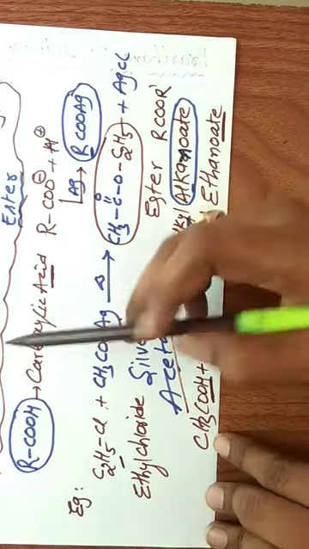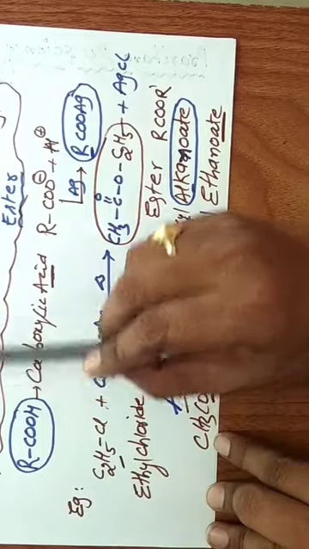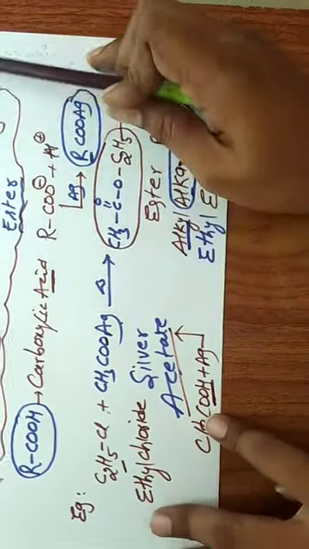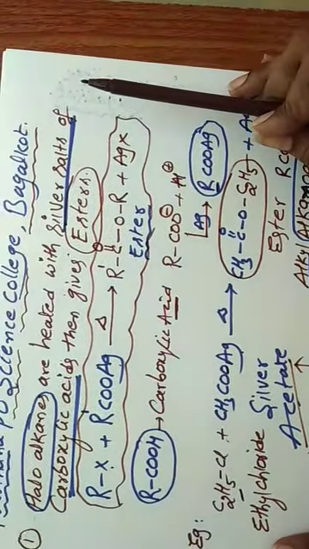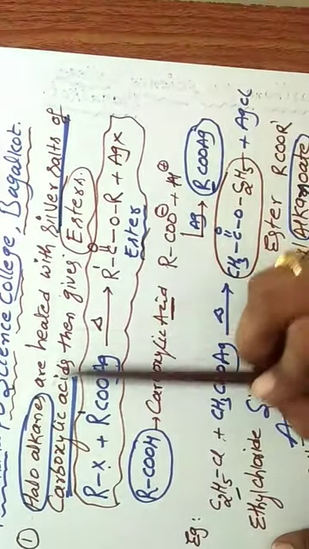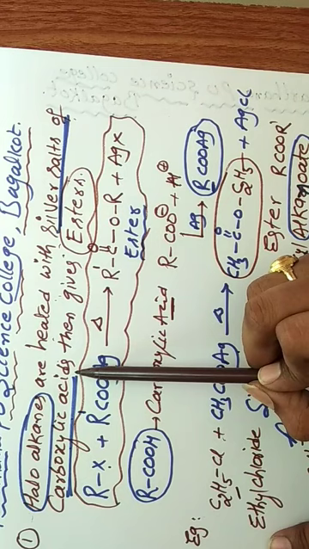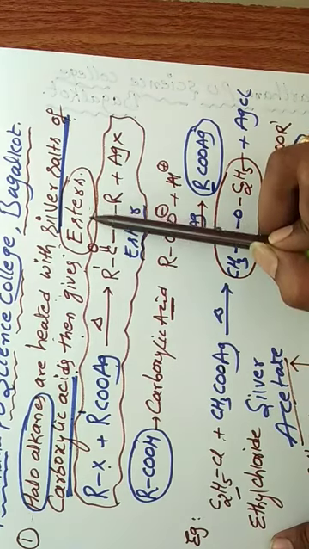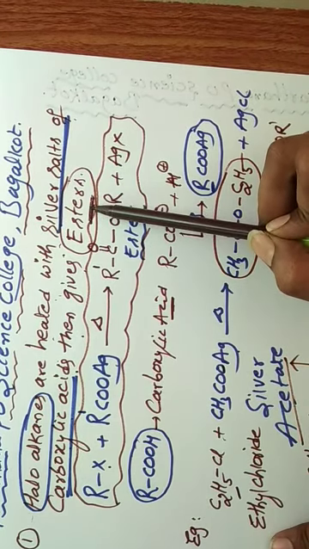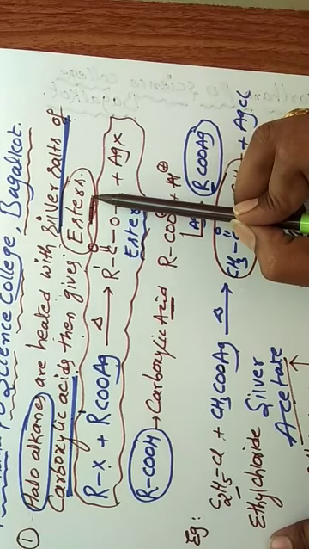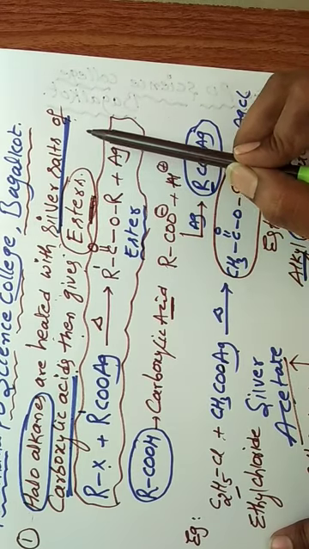Once again, haloalkanes are heated with silver salts of carboxylic acids, and then give esters. What is the ester functional group? RCOOR dash.